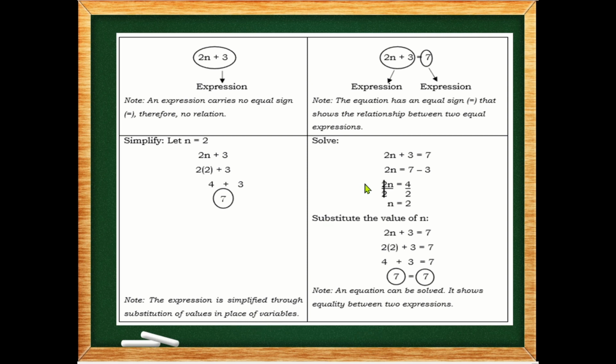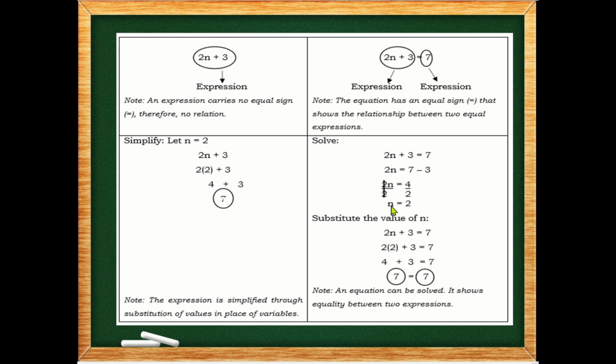Now on the other side of the table, let us solve 2n plus 3 is equal to 7. So therefore, we have 2n is equal to 7 minus 3. Transpose positive 3 to the other side, it becomes negative. So therefore, we have 2n is equal to 7 minus 3 is equal to 4.